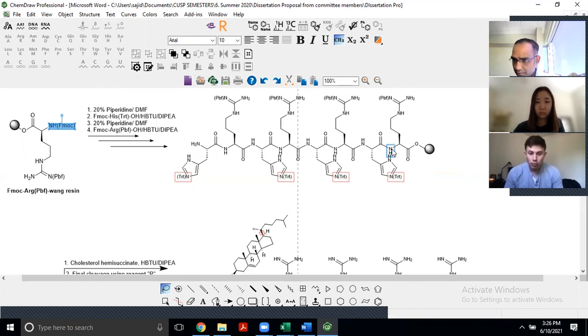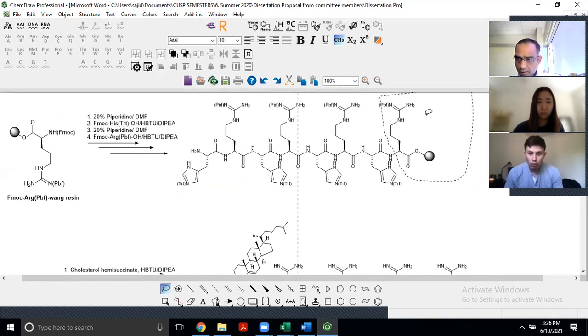I can show you. This thing is same as this thing. Got it? It is just flipped over. And which new bond is here? This is the new bond which is formed. Can you see? It is CONH.